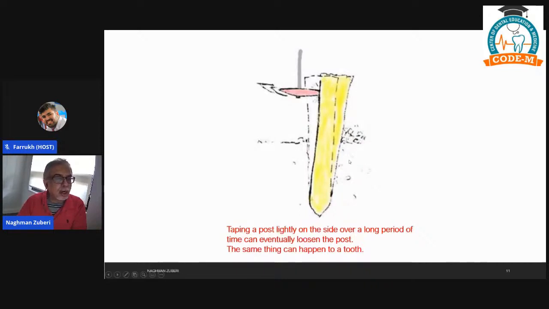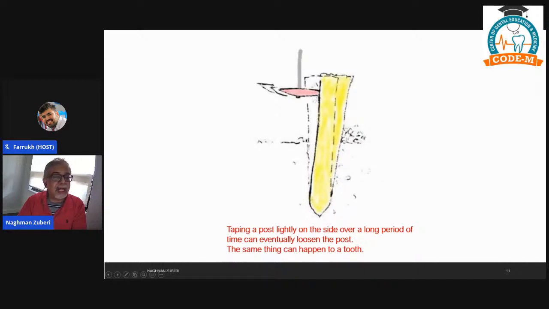When they are in the socket, the bone is healthy, the periodontium is healthy, the tooth is stable, and it will be just like a tent peg or a post in the ground. Once the off-axial forces start hitting it, and the direction of the forces changes, then the tooth is going to become wiggly. Why?